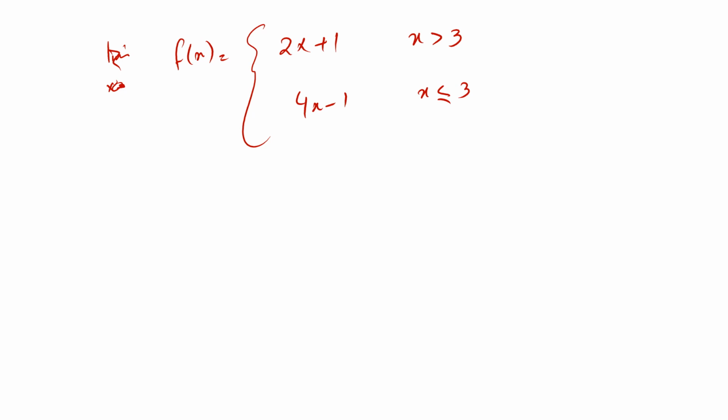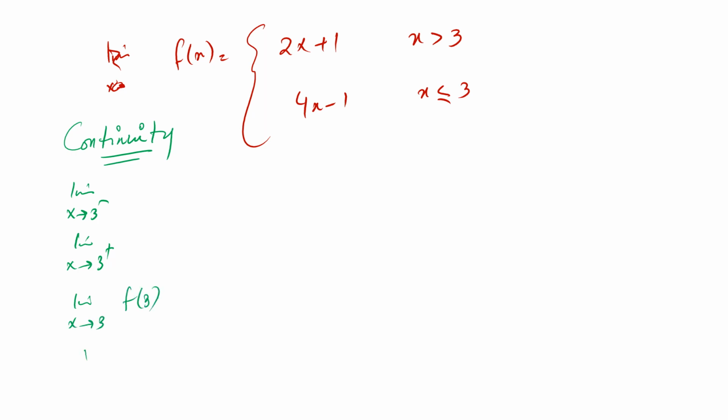Okay, so let's suppose these are the functions given to me and I have to find the differentiability and continuity at 3. First I will do the continuity test, and for that I will write the limit as x approaches 3 from the left side, from the right side, from both sides, and then I have f of 3.